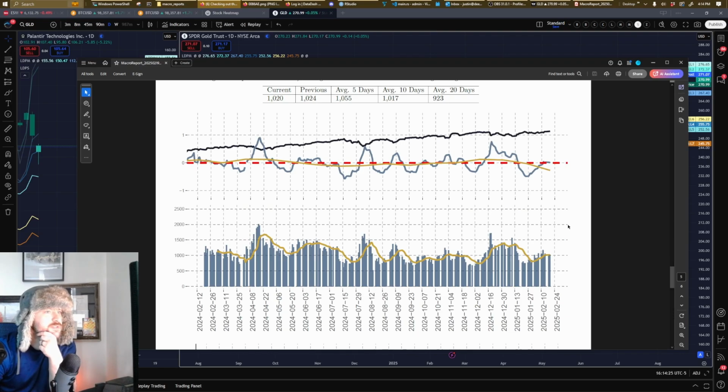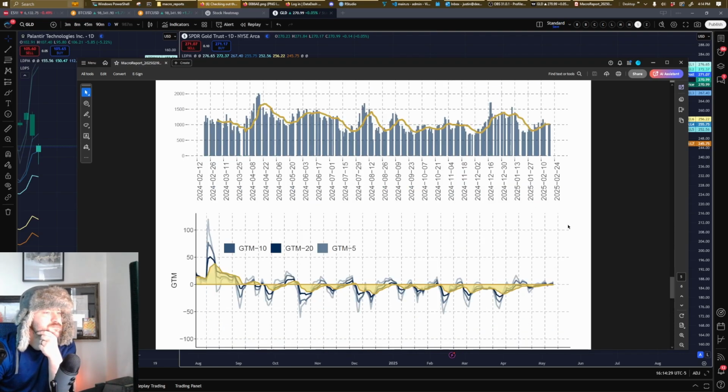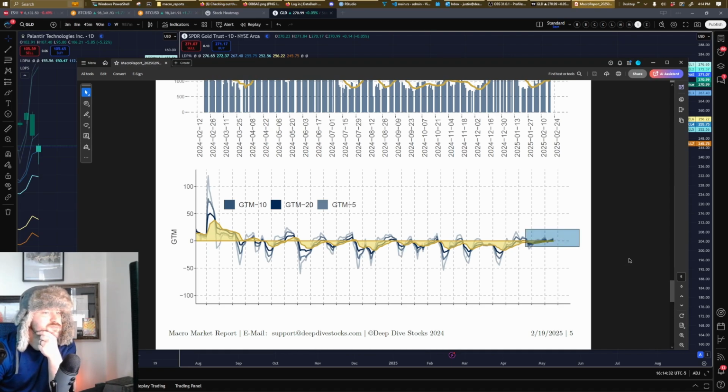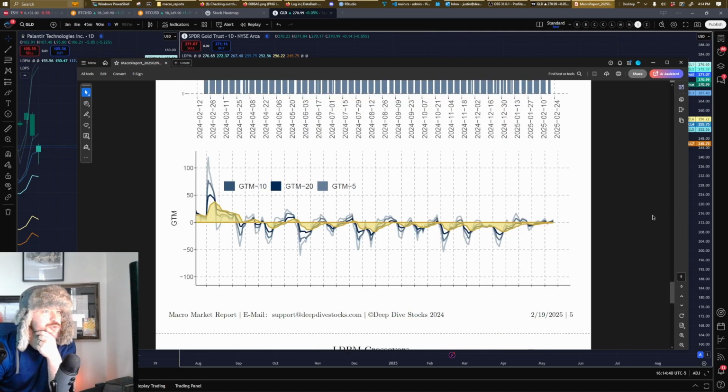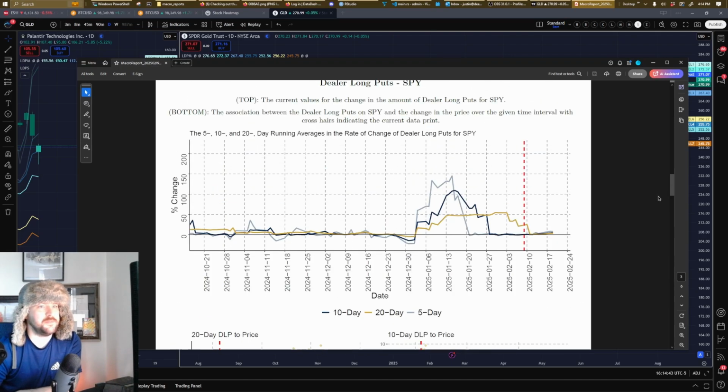Gamma squeezes staying the same. GTM 0. These have been neutral this whole time. The market is truly in a neutral place, which is the worst place for it to be.